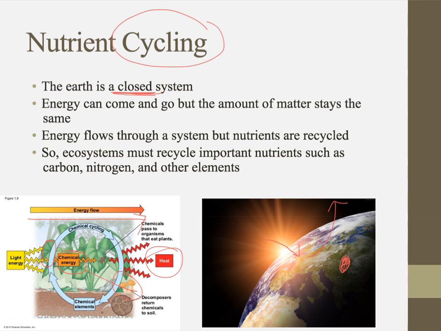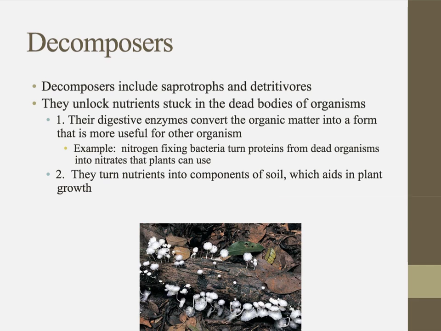We're going to talk about several different types of cycles and focus more closely on a few of them. As we're talking about these nutrient cycles, it's easy to get caught up in things like food chains, because food chains are linear, right?